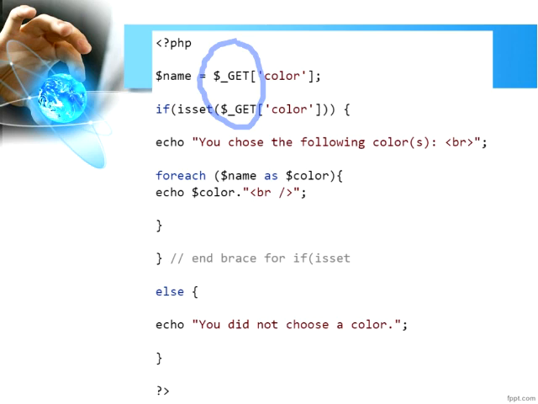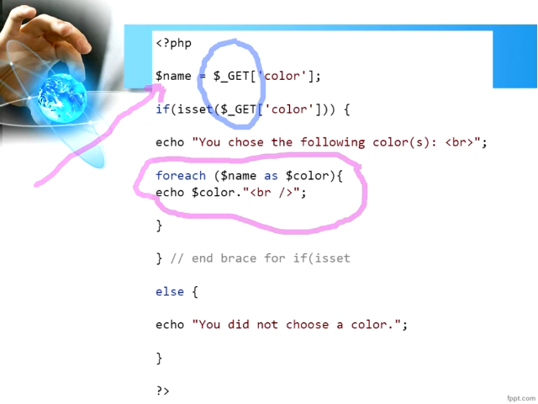So for this reason we must use a loop here, because name in our case is an array. Because we have the same name, color. Any question about this example?